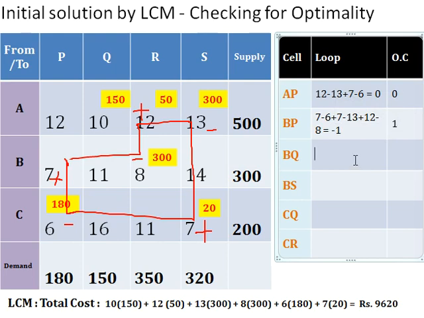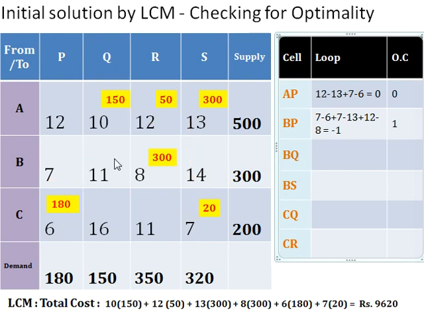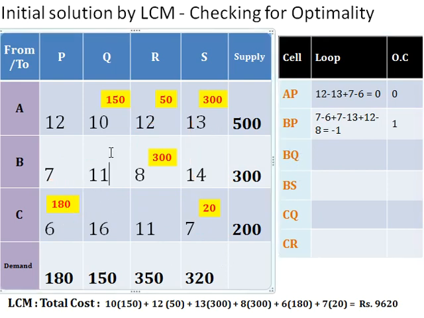Similarly, for the next unoccupied cell we have BQ. So for this cell BQ, we can start to trace a loop. If we go from the unoccupied cell here, we can again turn here, and again here, and this loop is completed.